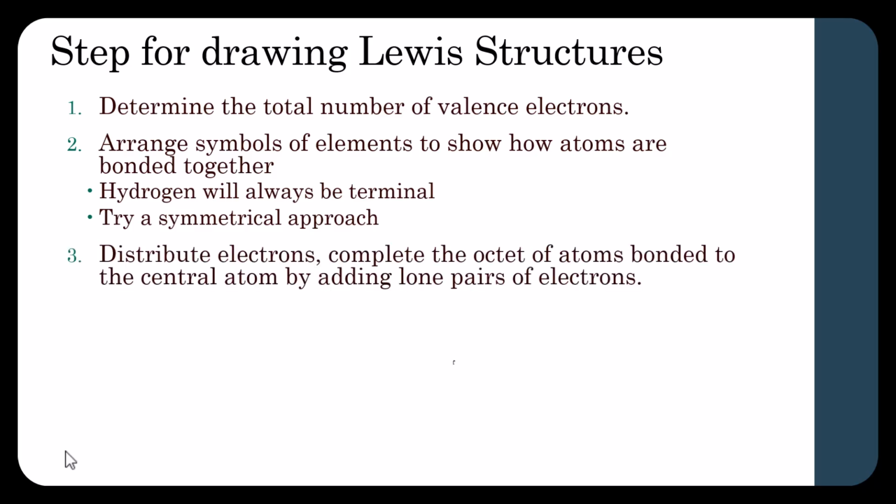Step number 3, distribute electrons, completing octets of the atoms bonded to the central, and then by adding lone pairs. So as we get to more complex molecules, you'll see this in action. But I start with the bonding pairs. Then I would fill octets of the terminal atoms, and then I would end on the central atom.